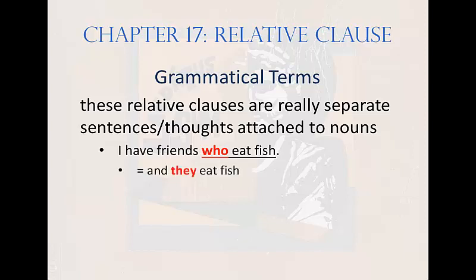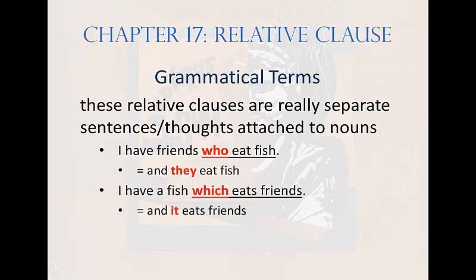If you turned the dependent relative clause into an independent sentence and used and, so it read, and they eat fish, you can see very clearly that they, the equivalent of who, is the subject of the sentence. In the relative clause which eats friends, which again is functioning as the subject, as you can easily see if you turn the relative clause into an independent sentence and rephrase it as, and it eats friends.